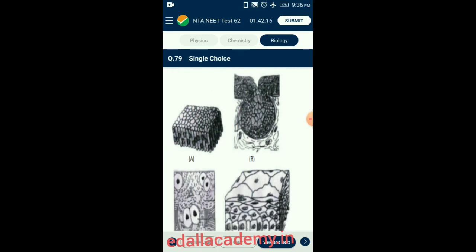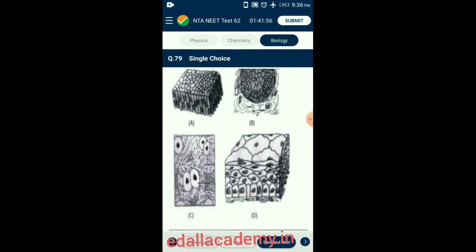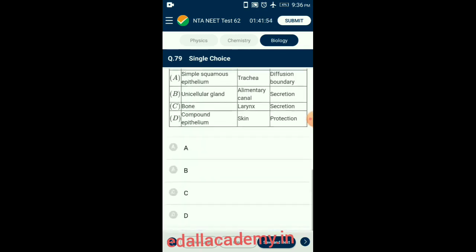See the diagrammatic representation. Compound squamous epithelium is a type of tissue that makes up skin layers and lines some body cavities and organs. Its structure makes it an excellent protective layer. So the answer for this question is option D.